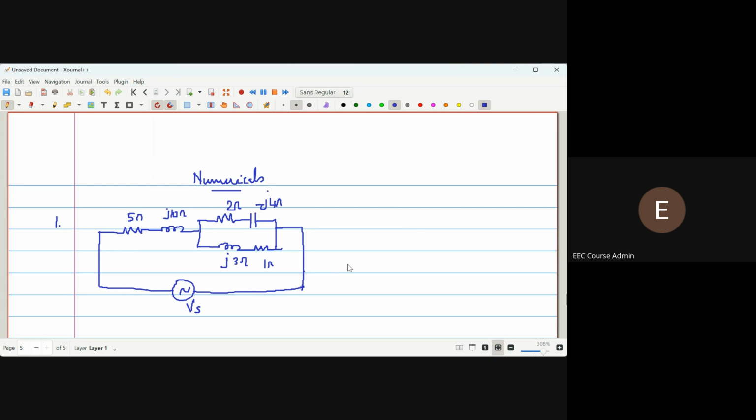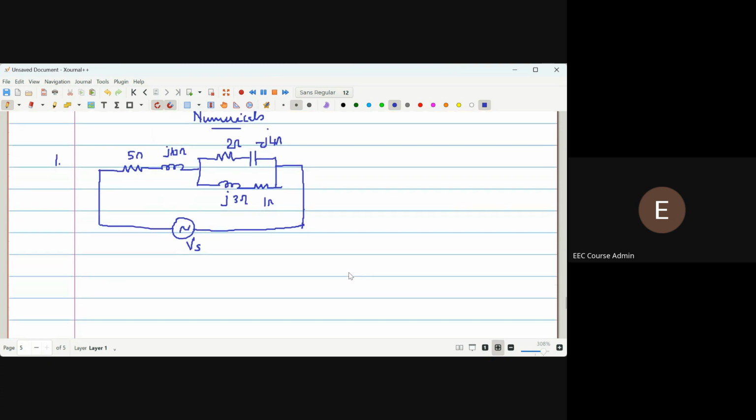So in this circuit, how do you calculate the equivalent impedance? Tell me, just tell me the expression.